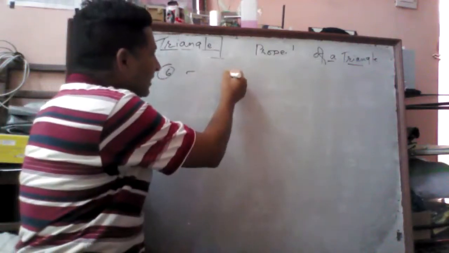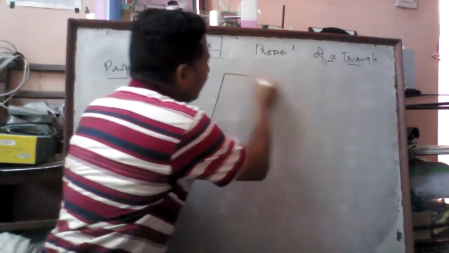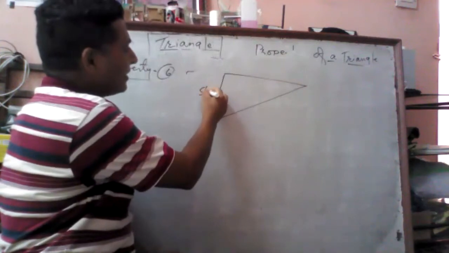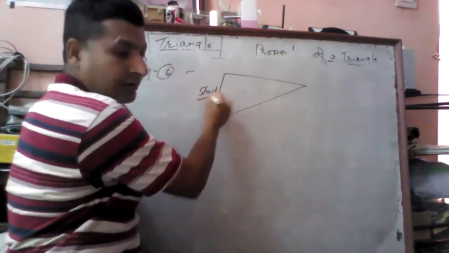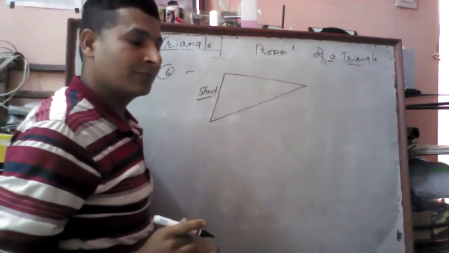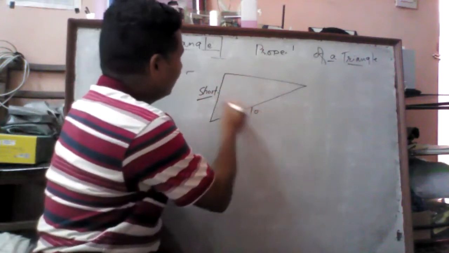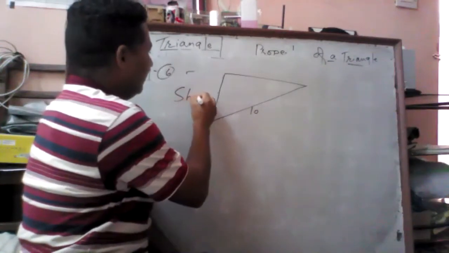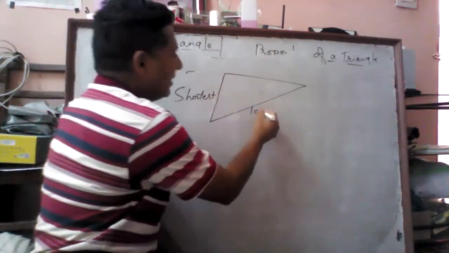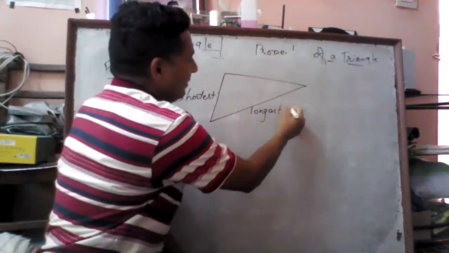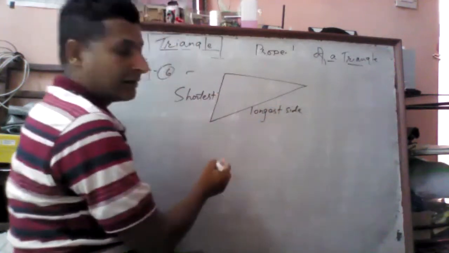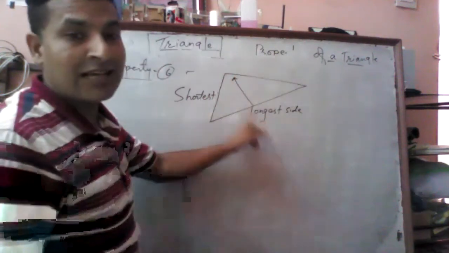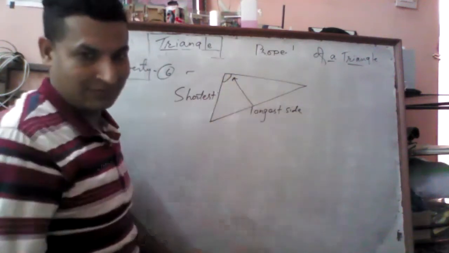It means if here is a triangle like this, and suppose this is the shortest side and this is the longest side, then the angle opposite to the longest side is always greatest in size.